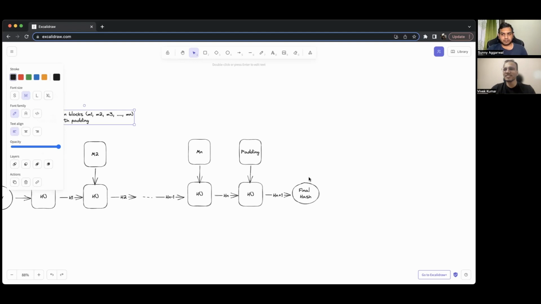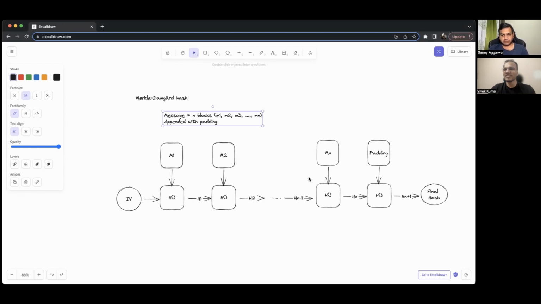So each hash is built on top of the hash of the last message block, and that is how the Merkle-Damgard hash function works.